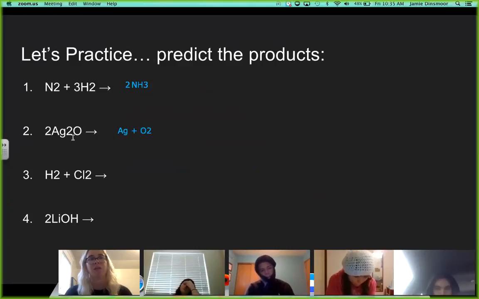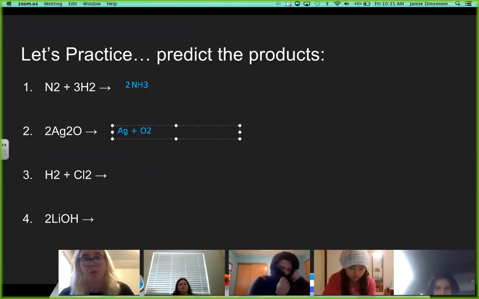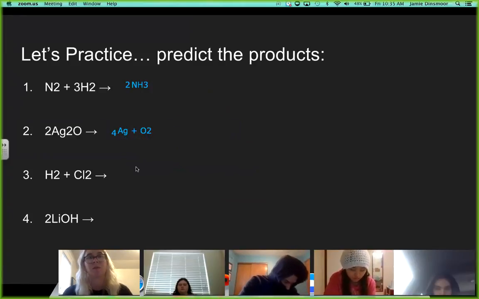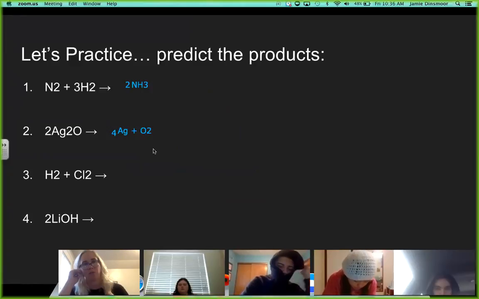So it looks like on this side, we actually have 2 oxygens. That's good. We have 4 silvers. So we're going to want to put a 4 in front of our silver. And even though my 4 looks a little weird there, we have a full balanced equation.